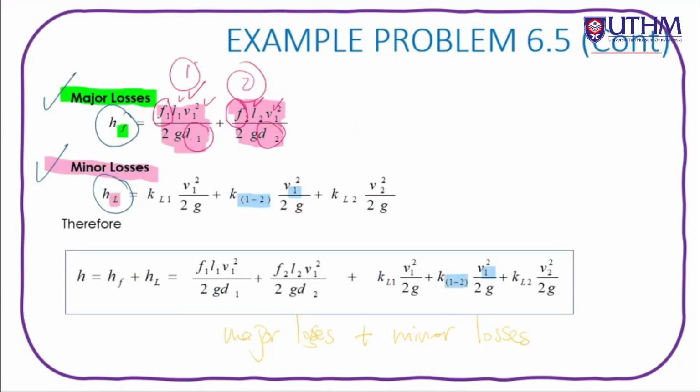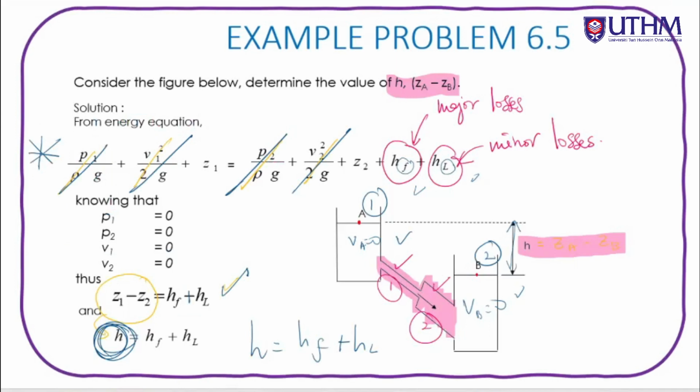On the minor losses, if we look here, what minor losses do we have? Firstly, we have entrance losses, exit losses, and sudden expansion losses.